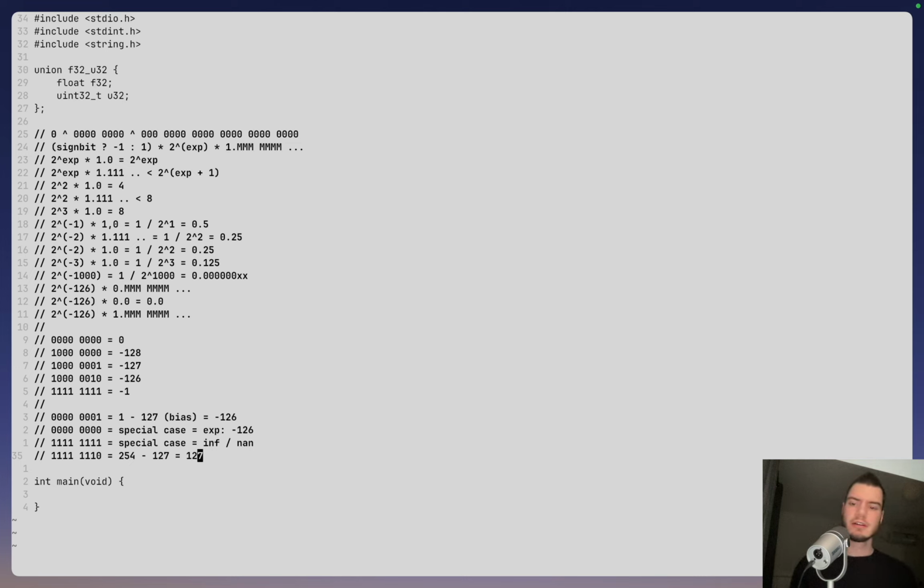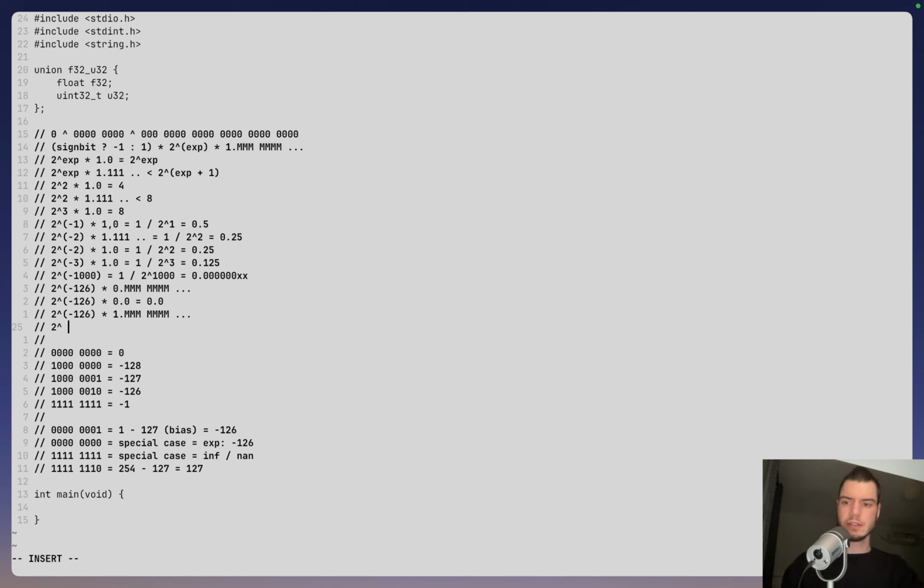So if we just do an example for this one as well, we would have 2 to the power of 127 times 1 point, and then our mantissa bits. We can see that the greatest representable value is almost, but not quite, 2 to the power of 128. So 2 to the power of 127 times 1.111, 23 ones, so almost 2 to the power of 128.